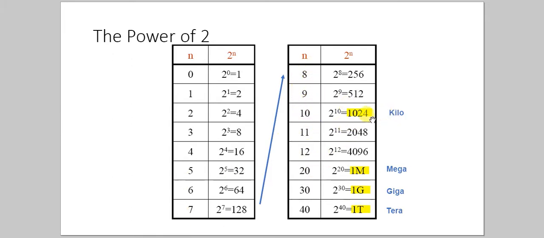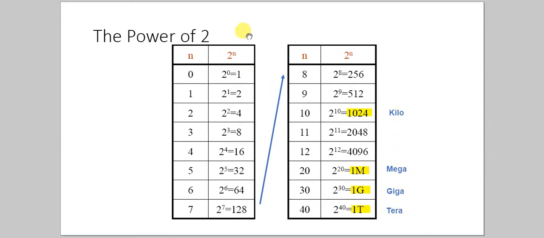When we get 1024, that is 1 kilo, then we have 1 mega, 1 giga of whatever data we express in electronics, megabyte or gigabyte, gigabit or terabyte.